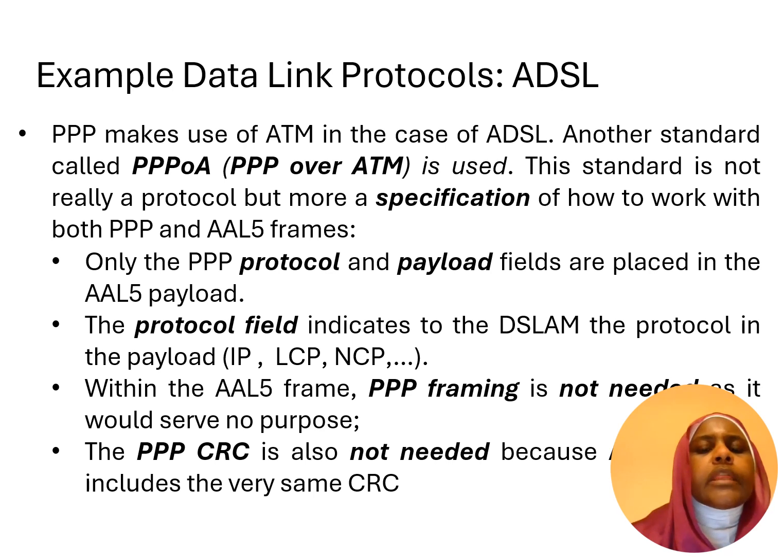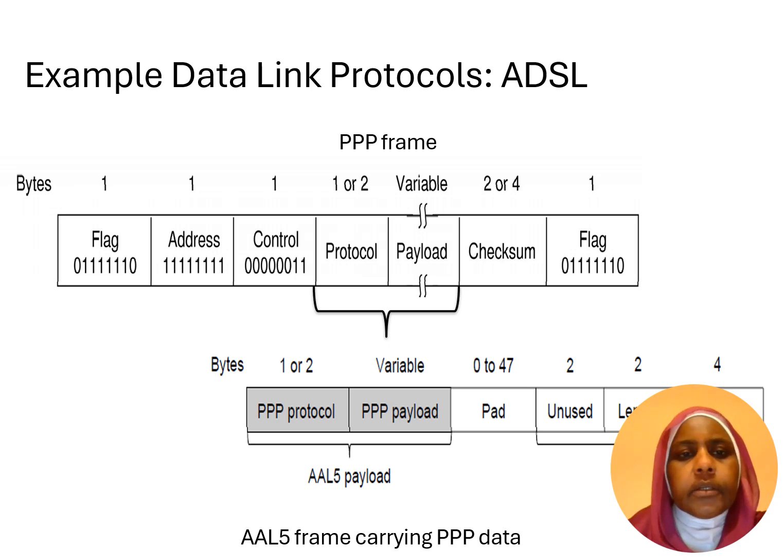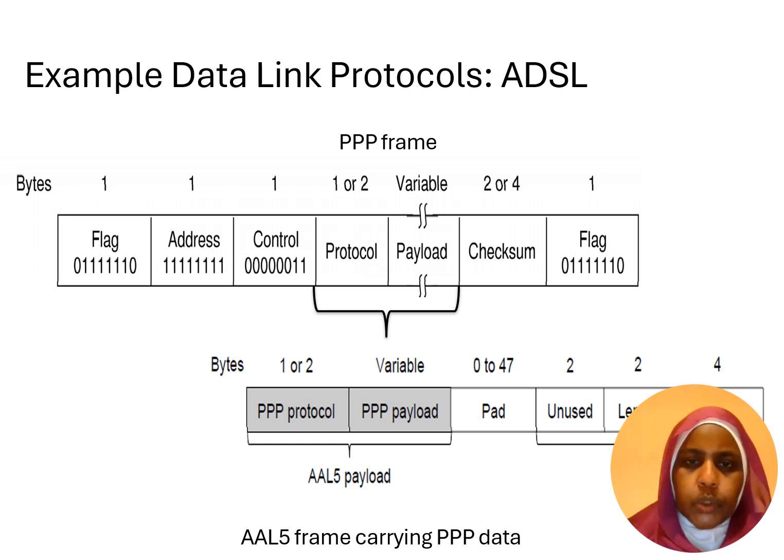With the adaptation layer 5 frame, point-to-point framing is not needed, and neither is the point-to-point CRC, because adaptation layer 5 has its own CRC. As we can see here, the point-to-point protocol frame has flags to indicate the beginning and the end of the frame. These are not needed because the whole frame will be encapsulated in the ATM adaptation layer 5 protocol frame in the payload.